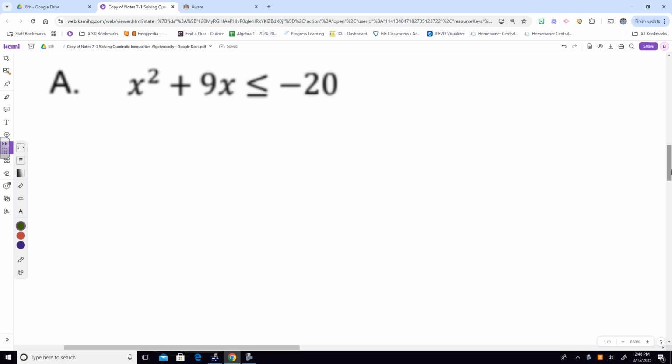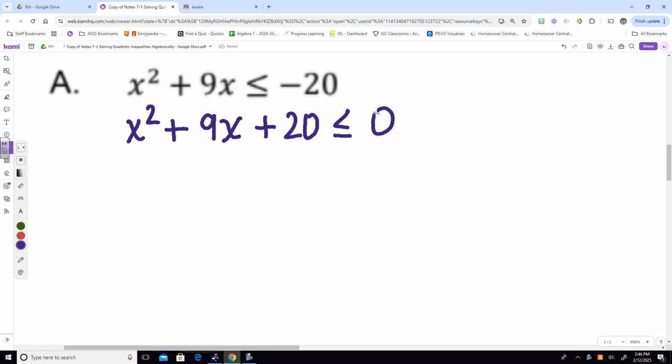The negative 20. And when we move it, it becomes positive. So what I have is x squared plus 9x plus 20 is less than or equal to 0. Now, is it in standard form?